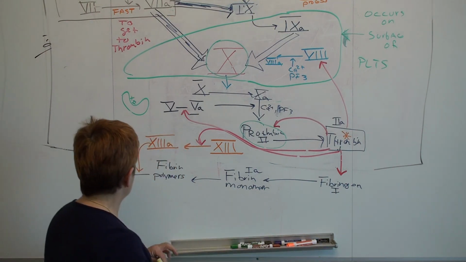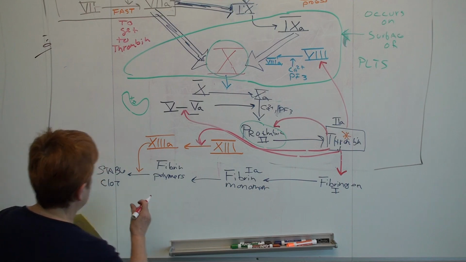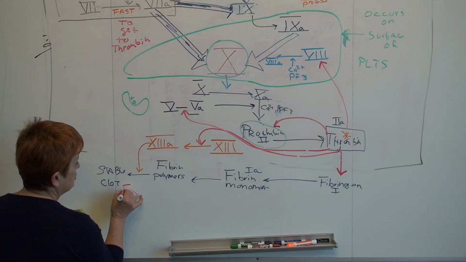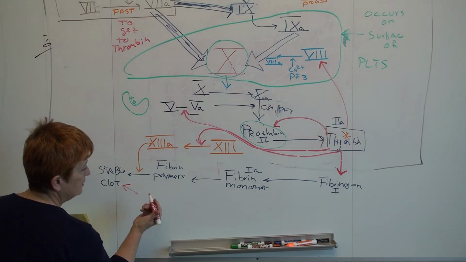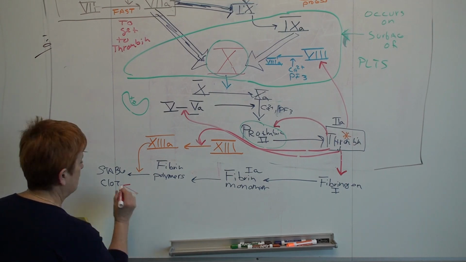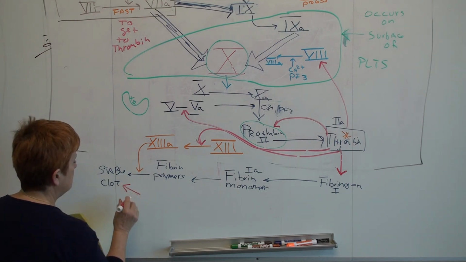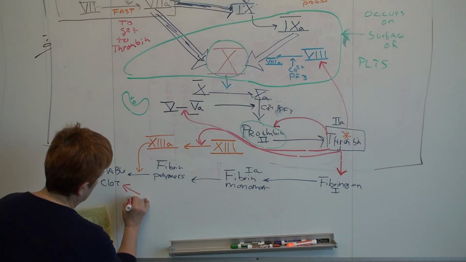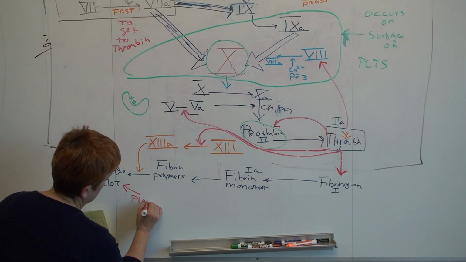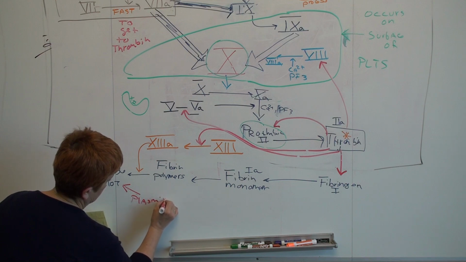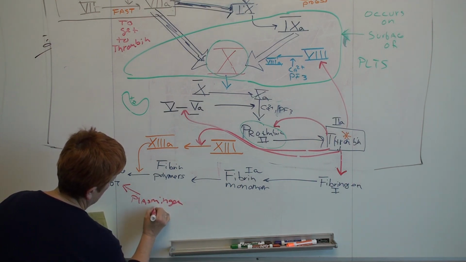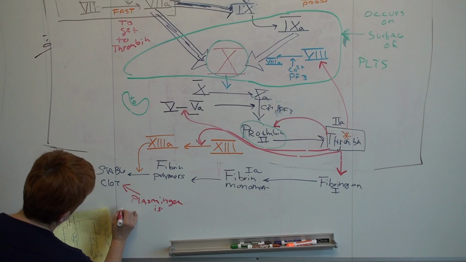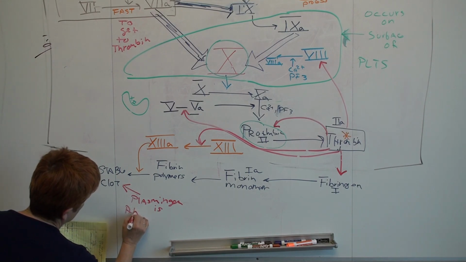All right, so when we get to this stable clot, I messed up my marker, it's all flat. When we get to this stable clot, plasminogen is absorbed into this.